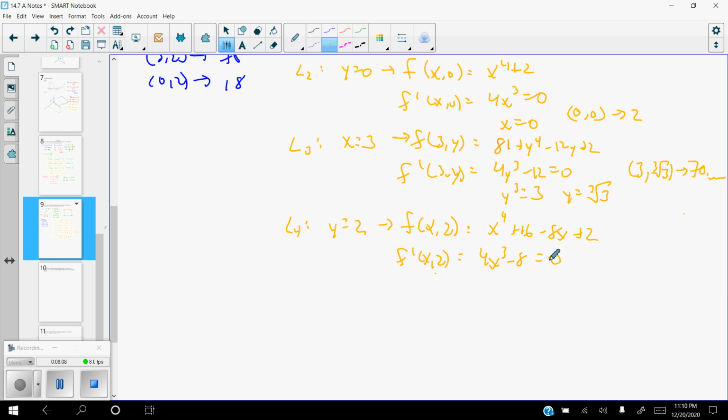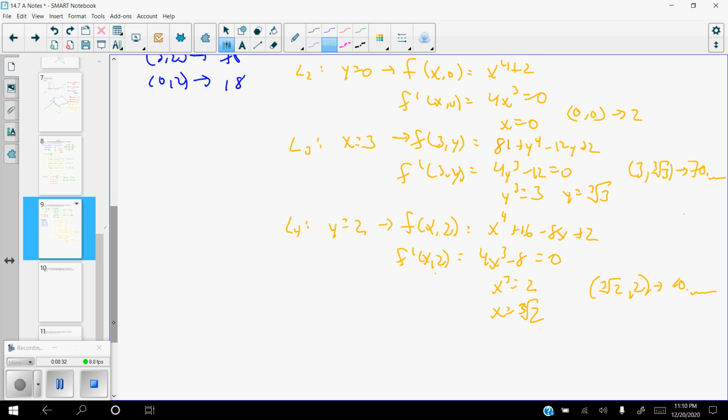Add the 8 and divide by 4, you get that x cubed equals 2. So now x would be the cube root of 2. And then if you were to plug in, let's see, what's that going to be? (Cube root of 2, 2). Again, you plug that in, you get 10 point something. Not the max, not the min.